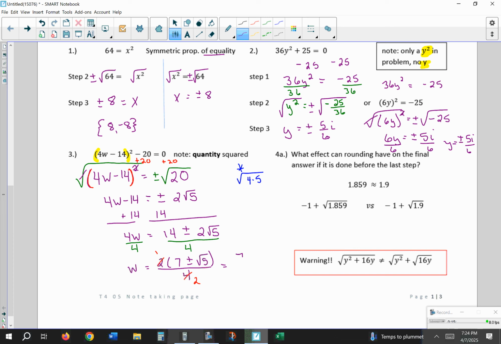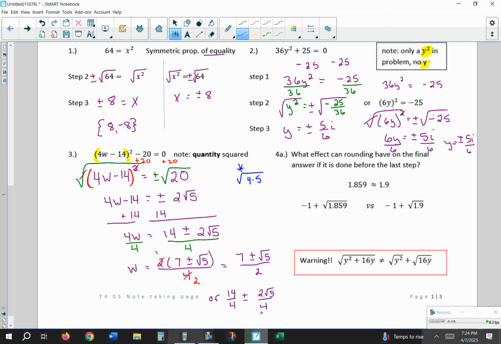So that I have that final answer, 7 plus or minus the square root of 5, all over 2. I could also have split it into 2 and simplified each fraction. So plus minus. So I can set it up either way, just knowing I have to finish simplifying that one.